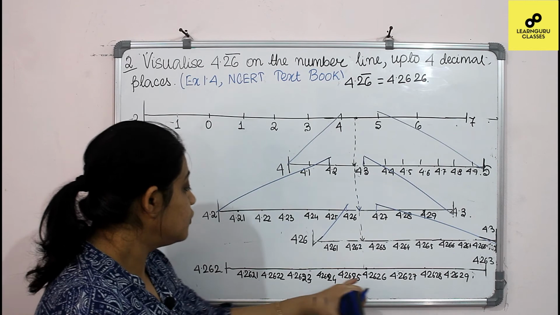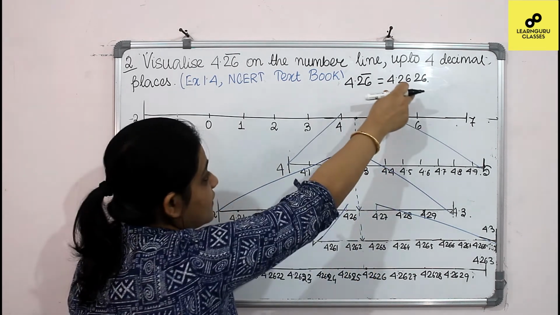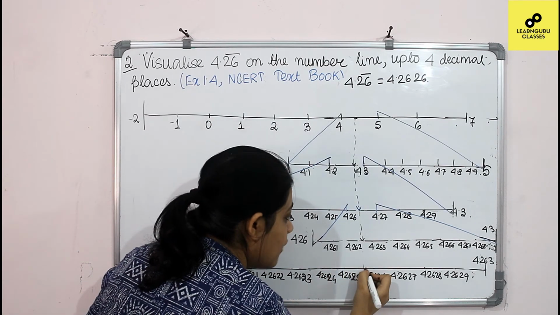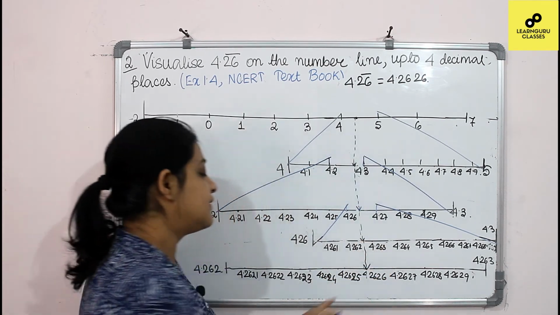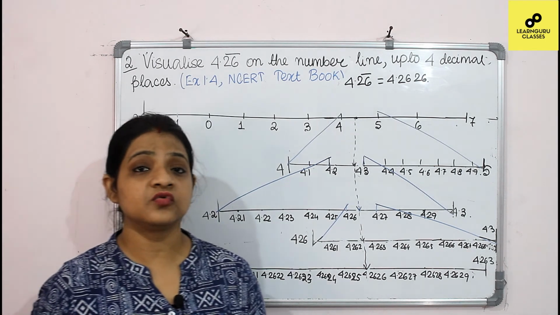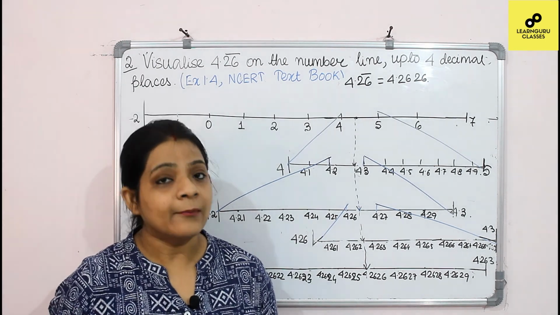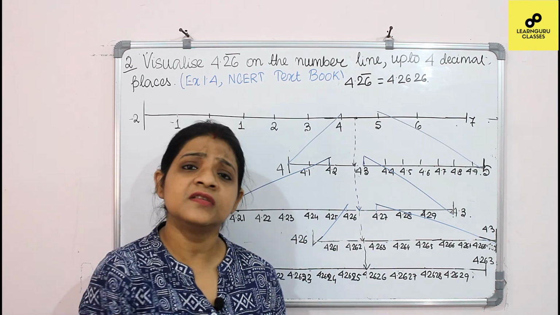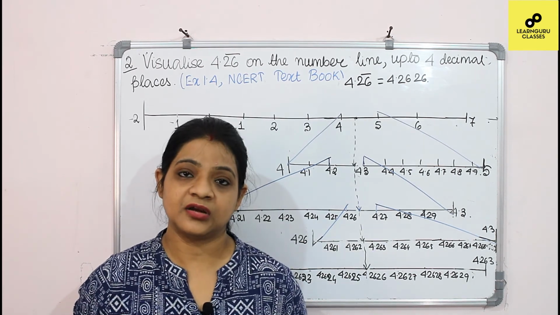So 4.2626 is the number given to you, and finally you have located where exactly 4.2626 lies on the number line using the process of successive magnification. This is how successive magnification works.